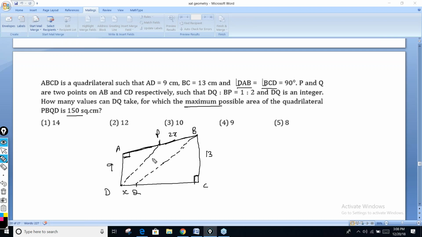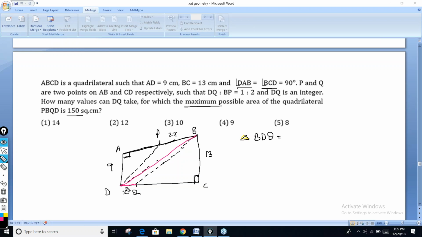So as you can see, for this triangle, if I join DB, this is the base and this is the height. What is the area of triangle BDQ?